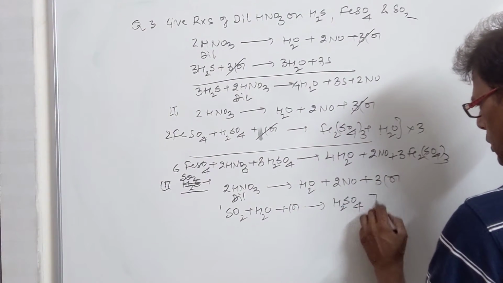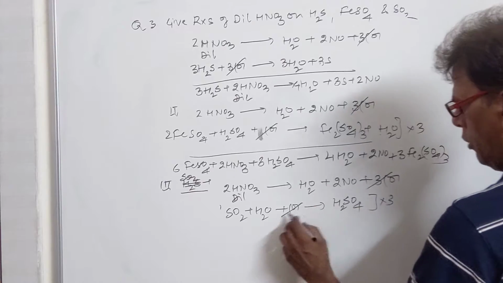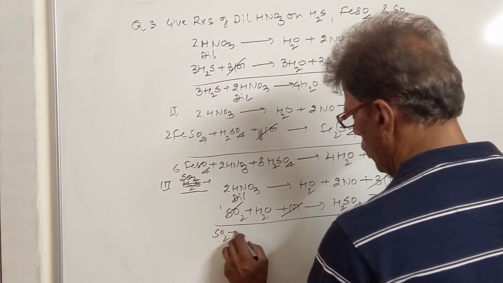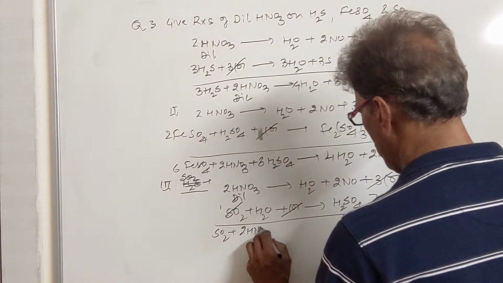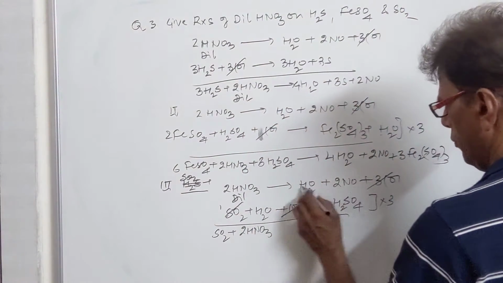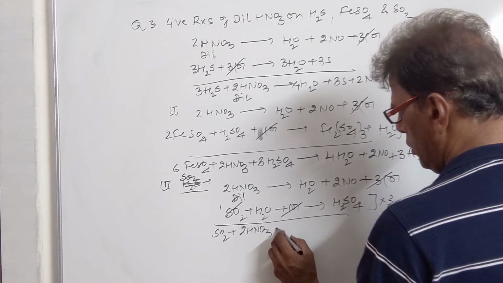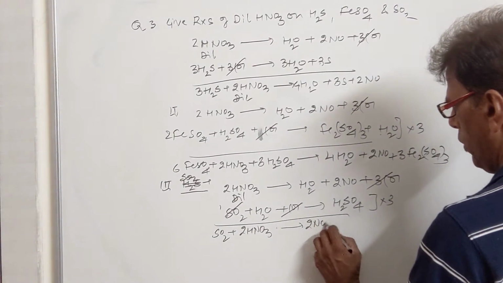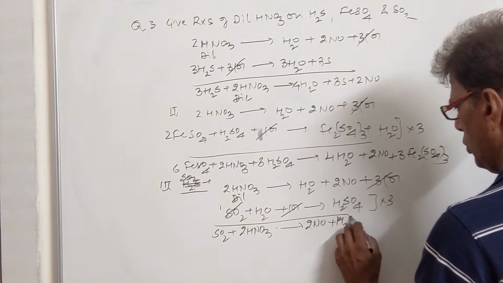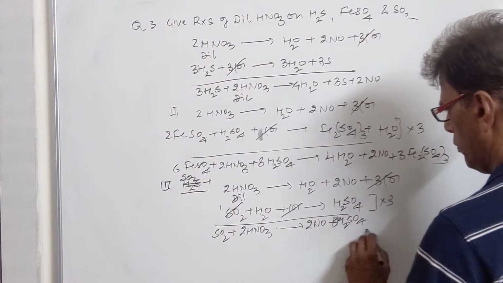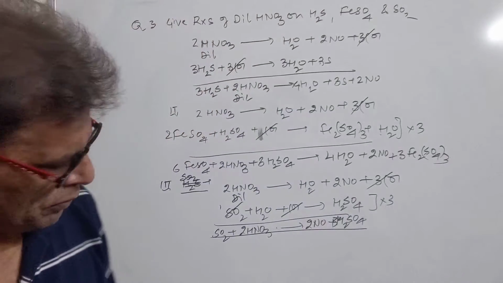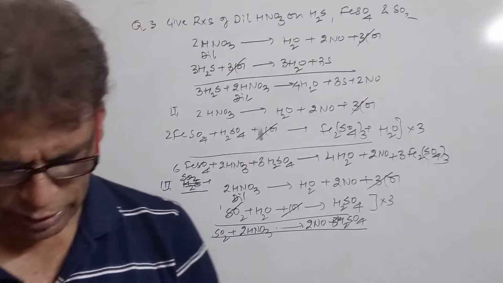You add this equation and multiply oxygen with 3, you will cancel it. SO2 will remain here, SO2 plus 2HNO3. Here you have 1 water, 2 water, 1 water, they are being cancelled here, 2NO plus H2SO4, 3H2SO4 will be there. So these are the reactions of your dilute HNO3 on different compounds.